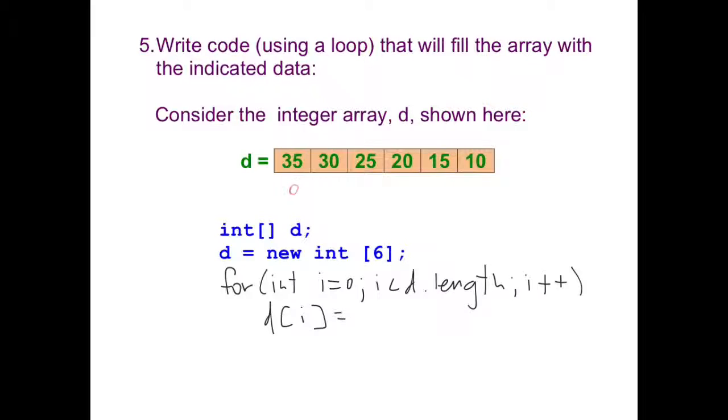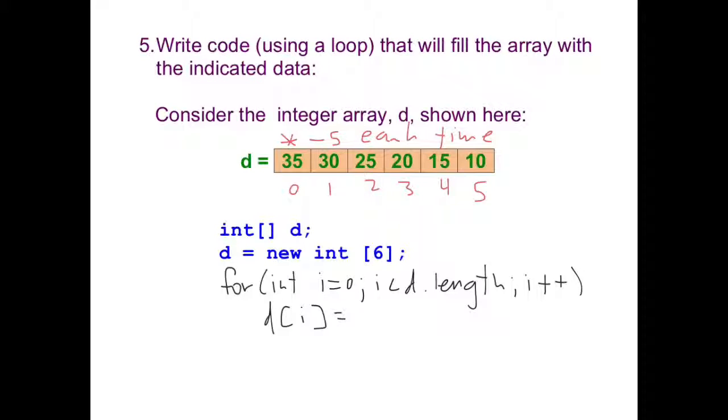Once again, we will list our indices underneath, the spots in our array, and we look for a pattern. We can see that it starts at 35, and we're going down by 5 each time. Almost like you would have in a line in algebra class.